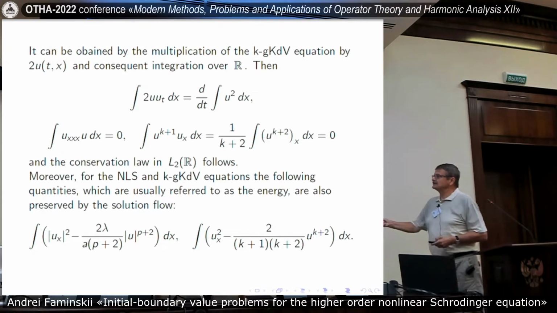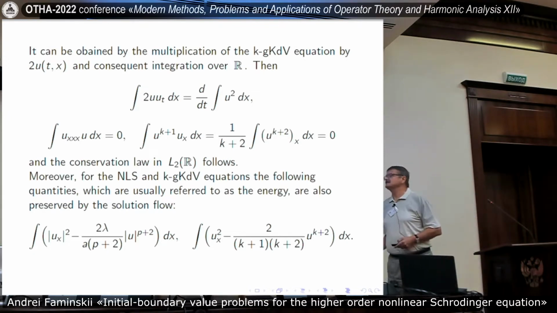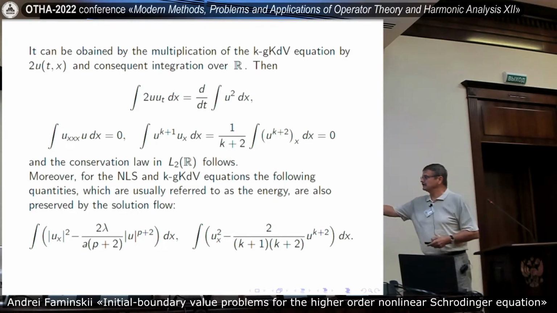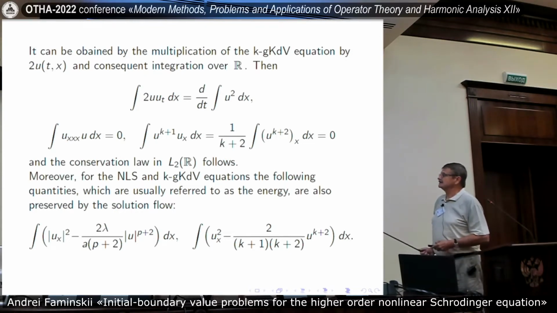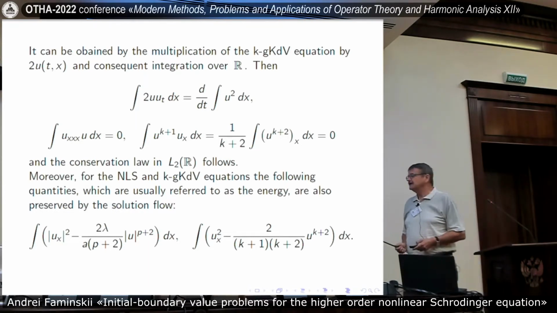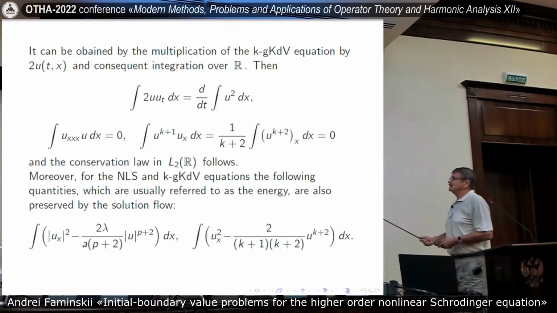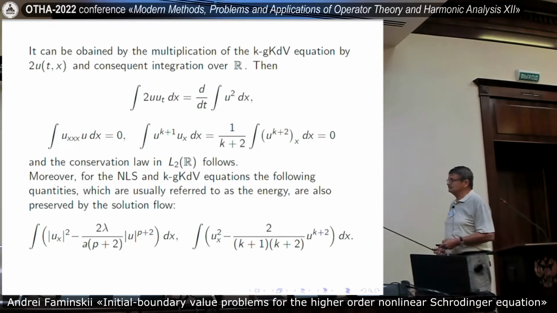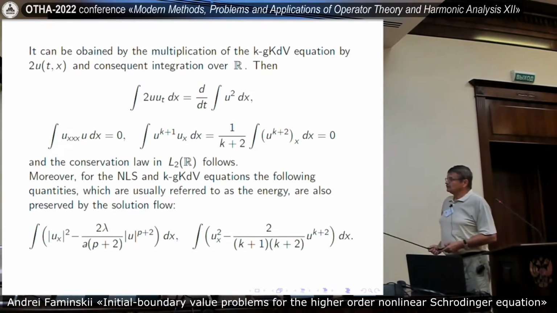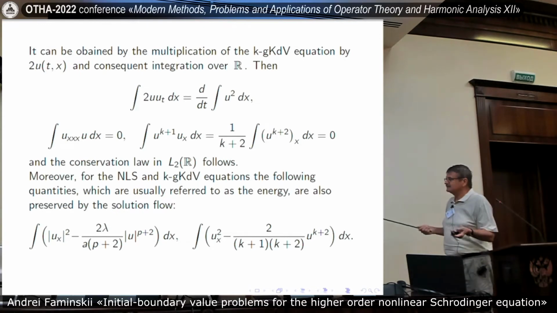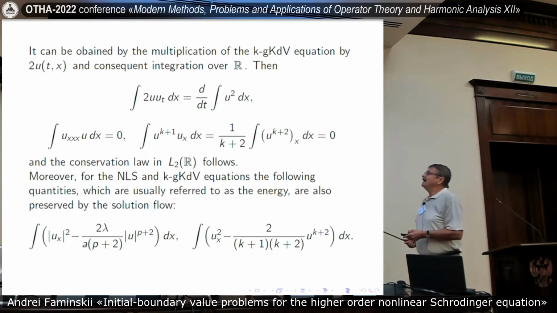For example, for the nonlinear Schrodinger, this quantity is preserved, and for the generalized Korteweg-de Vries equation, or in particular for the Korteweg-de Vries equation itself, this quantity is also constant. So these properties are similar for these two different equations.